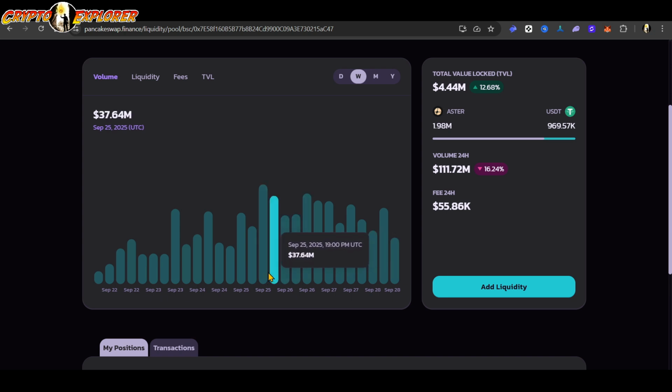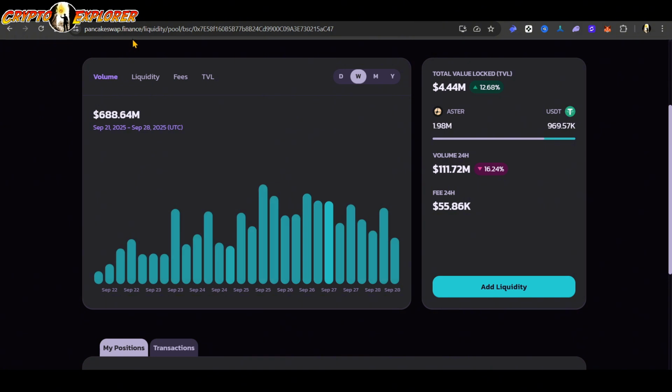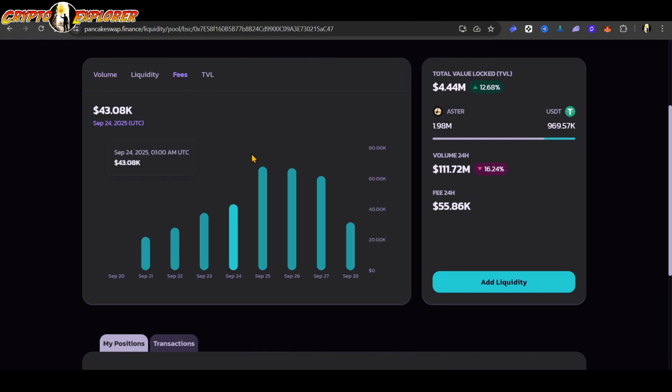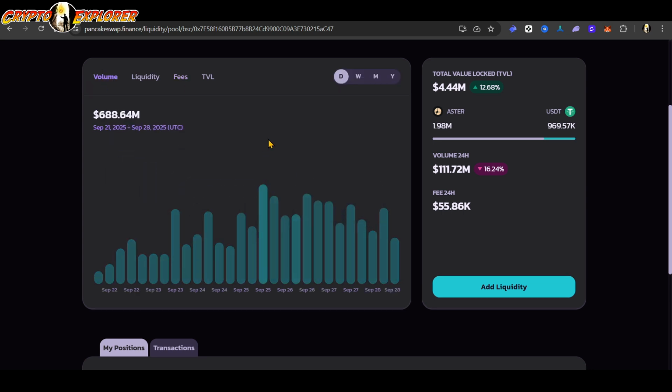You can see that's where the volume has been the highest on average. September the 27th also, and if we go back once again into fees, we can see the 25th, the 26th, and the 27th of September have been the highest yielding days just because of that. It has been where the highest amount of volume was generated.